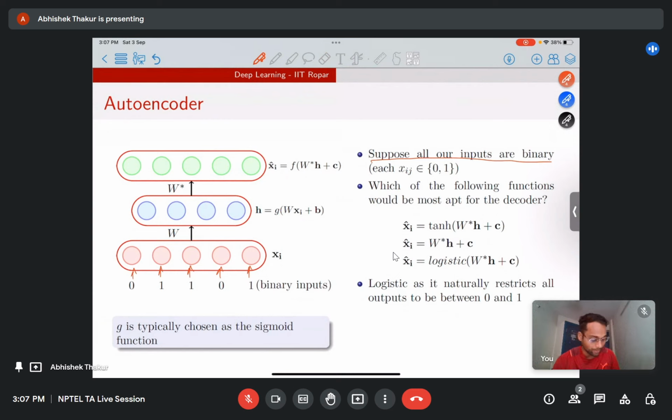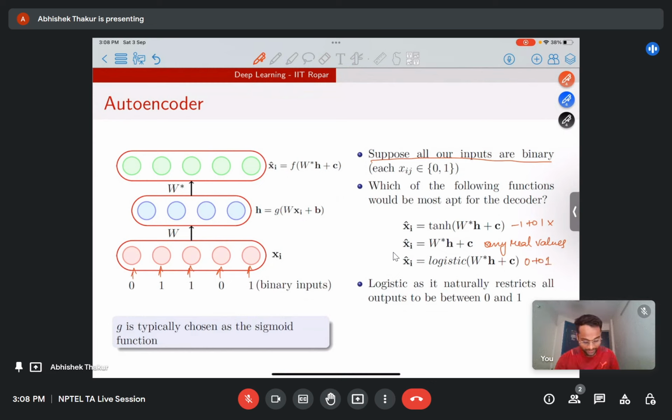See, the inputs are binary. Tanh takes values from -1 to 1, so this is not appropriate. And a linear function can take any real value, so this is also not appropriate. The logistic function takes values from 0 to 1.